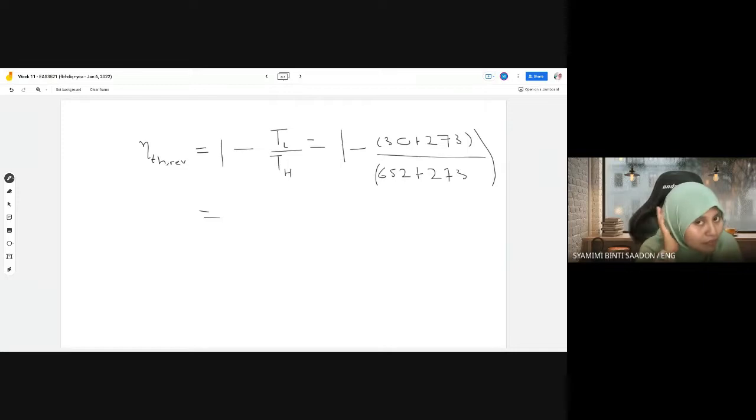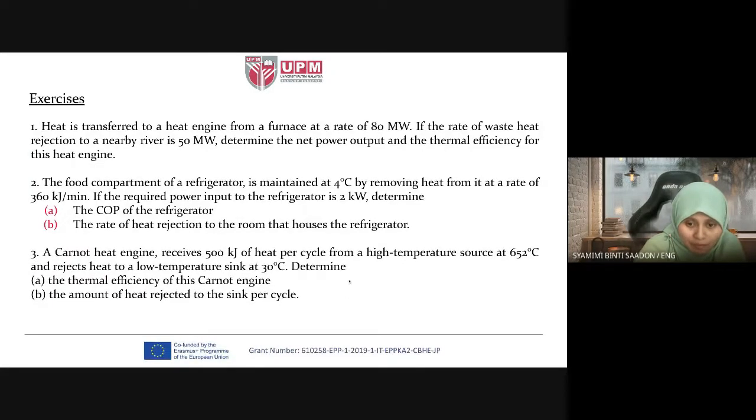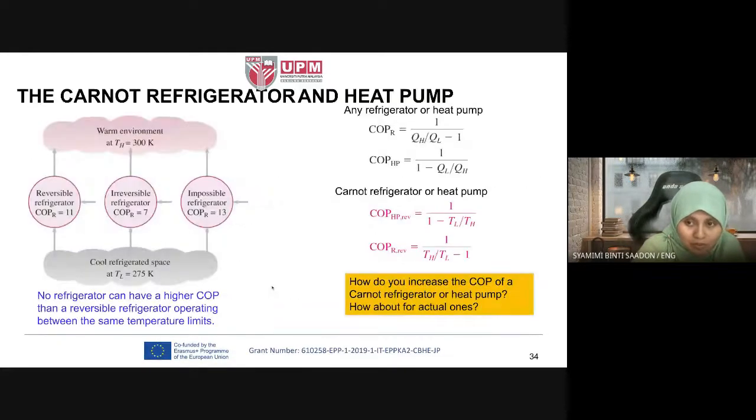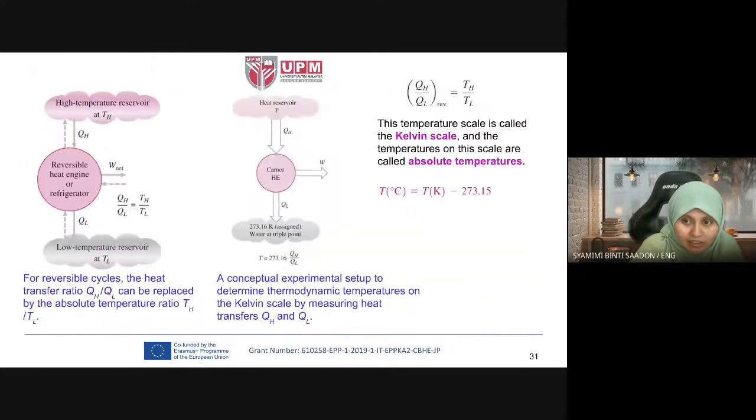Since we have the value of QH, 500 kilojoule, and the values of temperature, we will use this temperature scale relation: the ratio of the heats equals the ratio of the temperatures. Because we have QH, TH and TL and want to find QL. Only for a Carnot reversible engine can we use this.